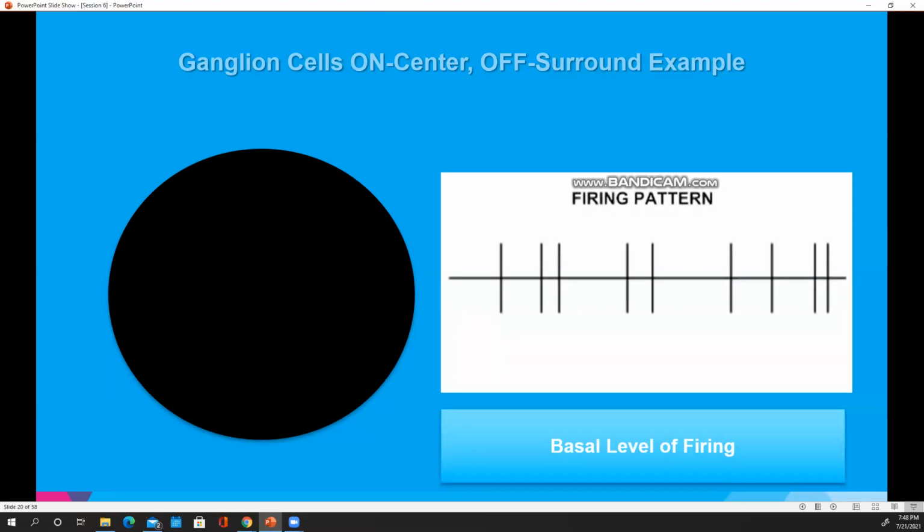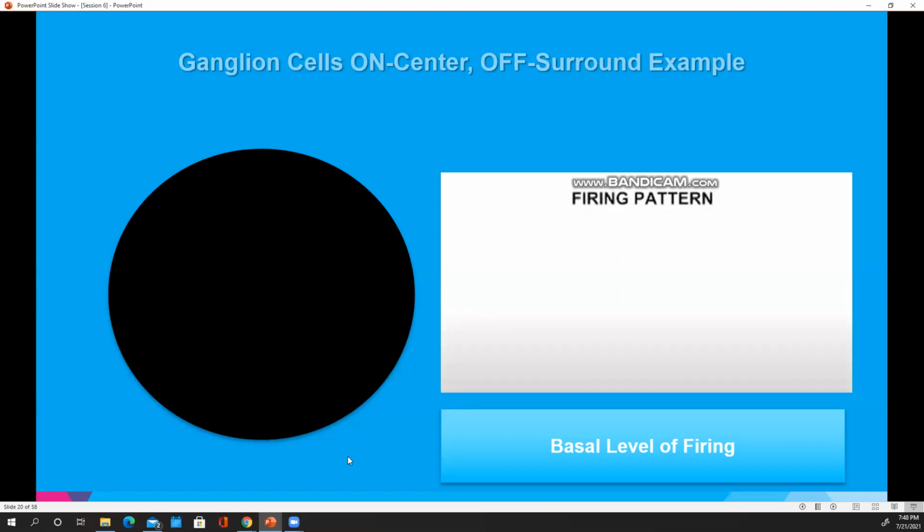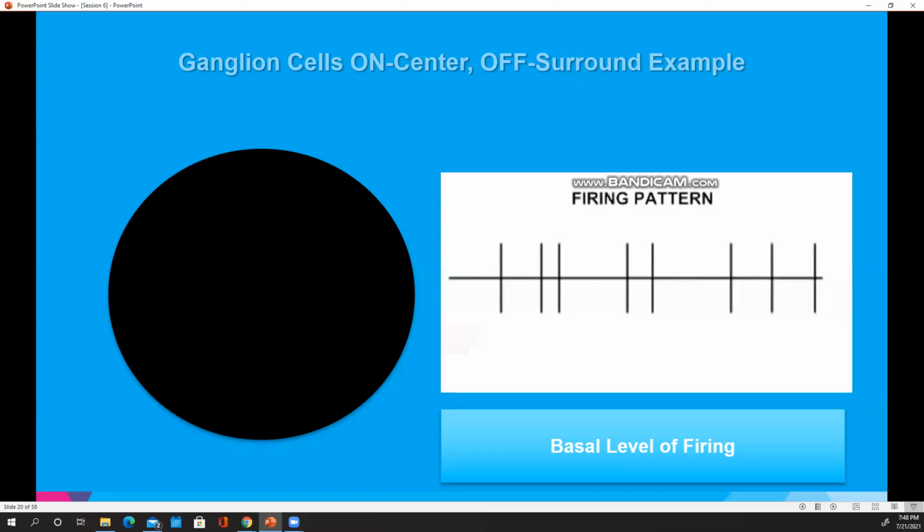If all of these ganglion cells were bathed in darkness, you would see a firing pattern that's just telling you, hey, I'm here, I'm not dead, I'm alive, I'm going to keep firing. You can hear it, there's your firing, there's your firing. There's no rhyme or reason. It's just sporadic enough that you know they're alive.